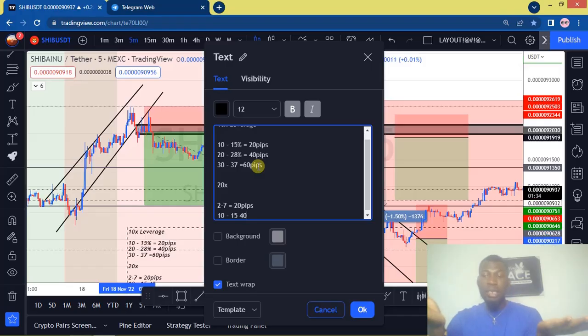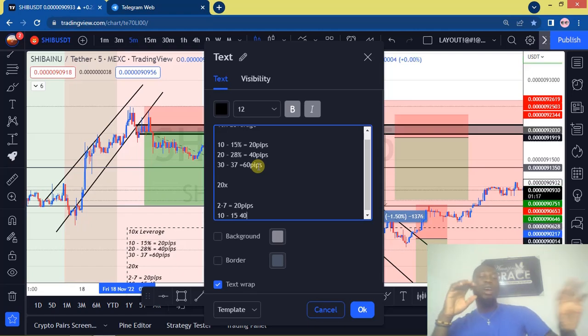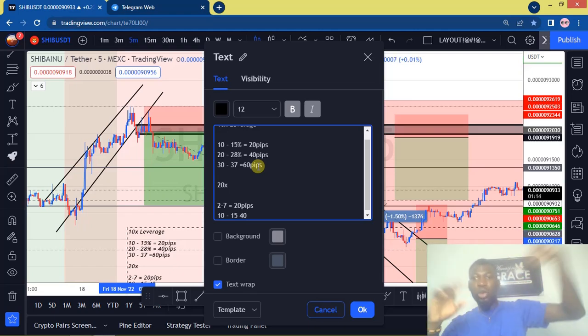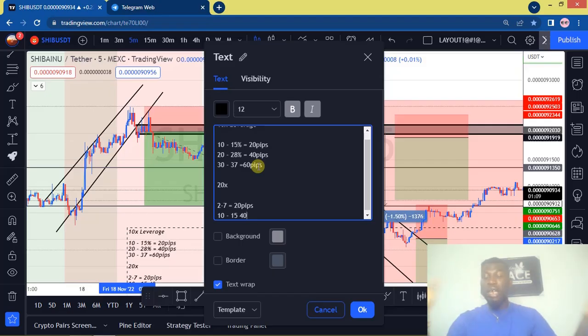So if I'm placing a trade using 10x, the other person is using 20x, and the trade on 10x did 15%, that means the person has done 20 pips profit on 10x, but you on 20x would be at 40 pips profit. But as good as it is, with 20x you can make more profit, and when it goes against you, you get to lose more. So this is how to actually calculate pips.